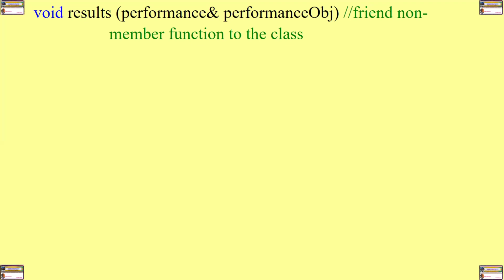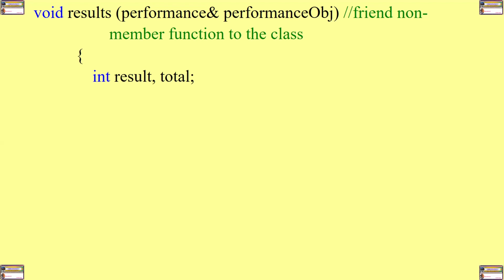So the parameter in this function called results is a pointer to the class called performance. So it is the address for the instance or the object for manipulating the members of the class called performance. And that object is called performance object. So this function is a friend non-member function of the class we have already looked at.